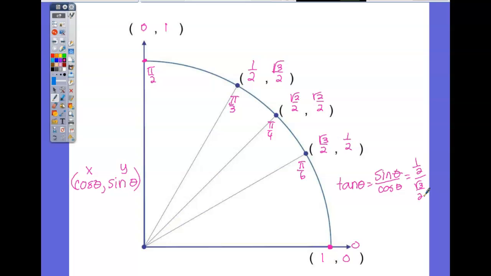So I have to take the reciprocal. The 2's cancel. And then I have to rationalize the denominator. Okay, so that's a lot of work, right?